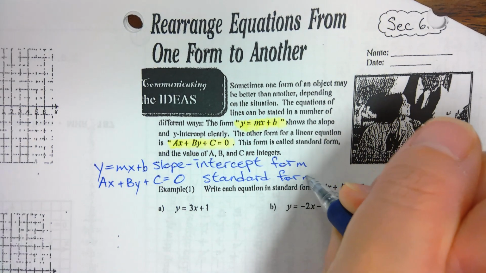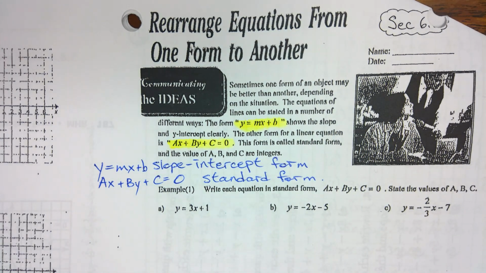I think standard form is pretty useless, to be honest. I would say the only time you need standard form is when you do the quadratic formula in grade 10, because then you need to figure out what your A, B, and C are.